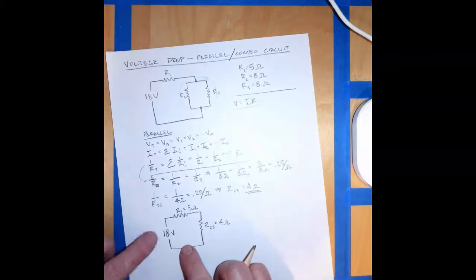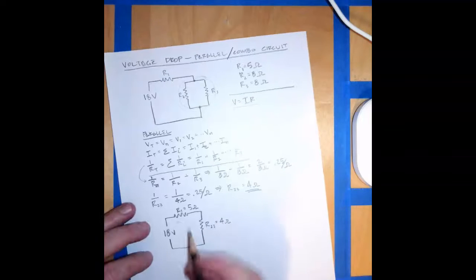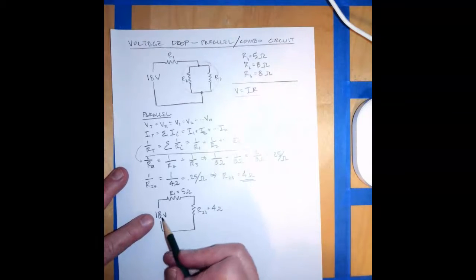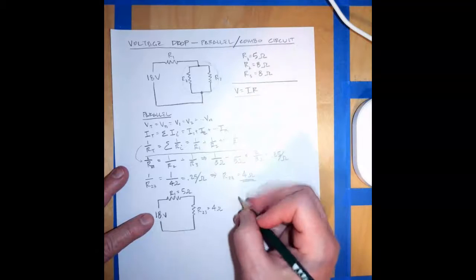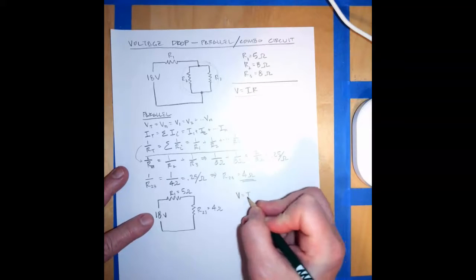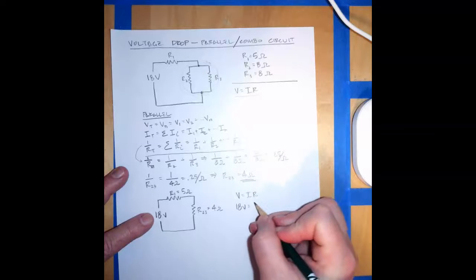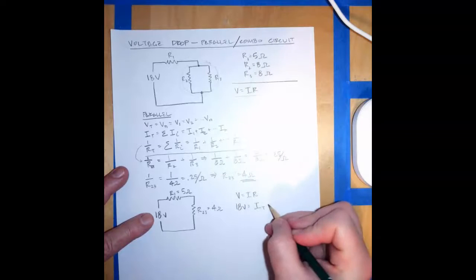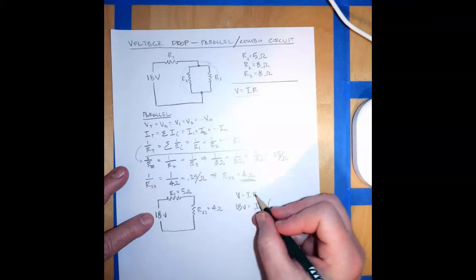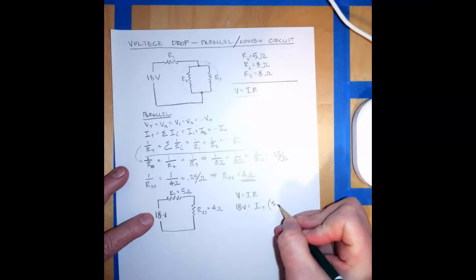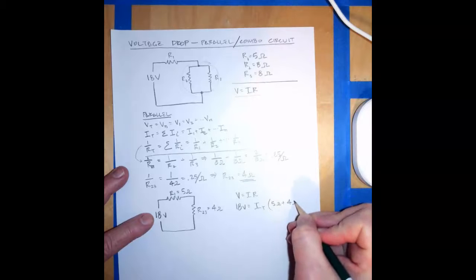Well, this should look very similar to the last problem that we did, where we have a pair of resistors in series, and we can deal with that very easily. We know what the total voltage is. The total voltage is 18 volts. So we can say V equals IR. 18 volts is equal to I, we don't know what the total current is, times the total resistance, which in this case is going to be 5 ohms plus 4 ohms.